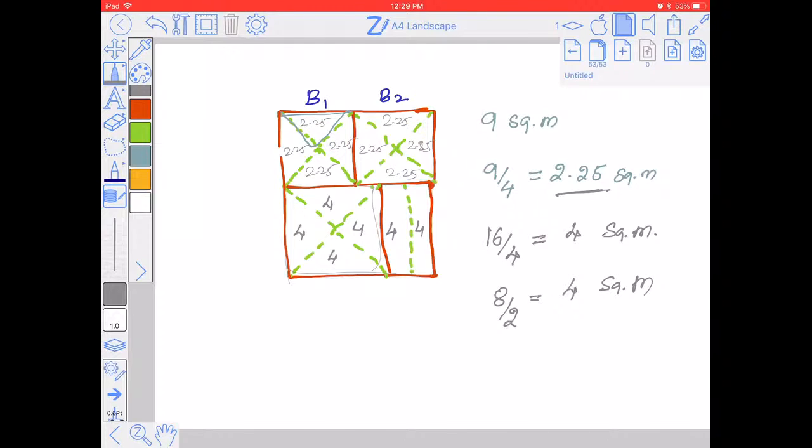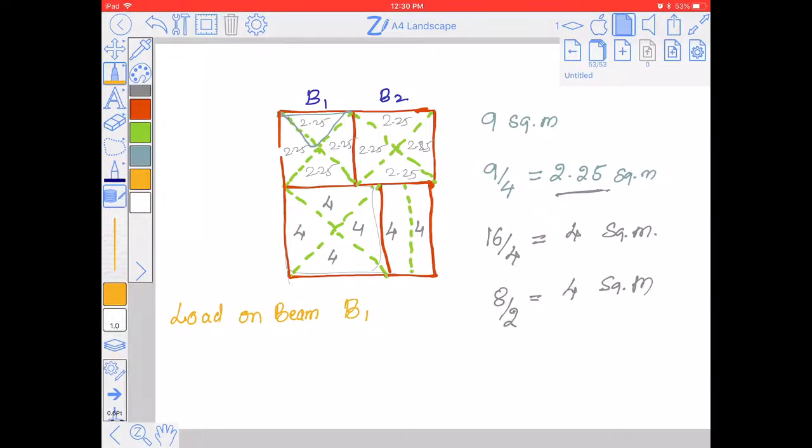Okay, now I'll switch to the next part. So what is that? If this slab, for example, I need to find out the load on beam B1.